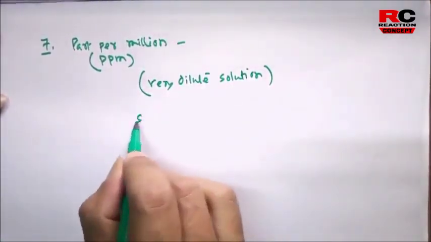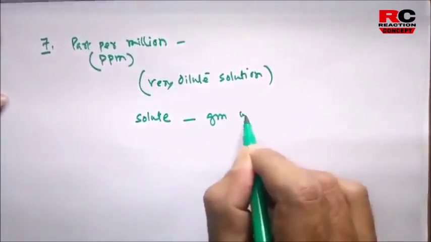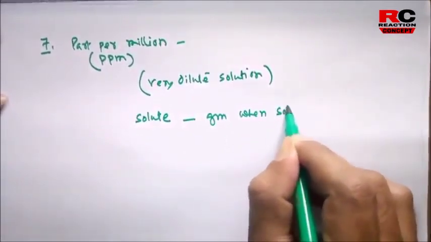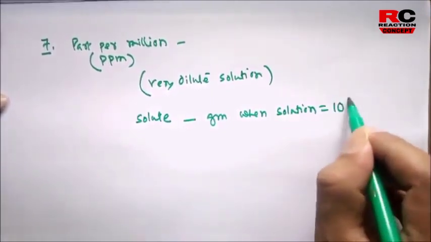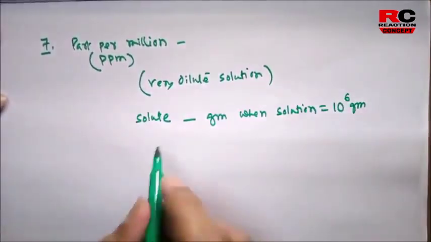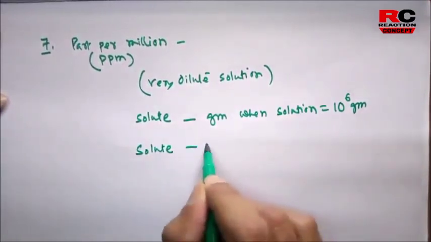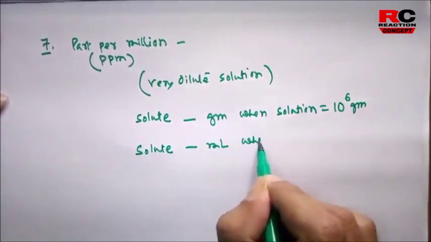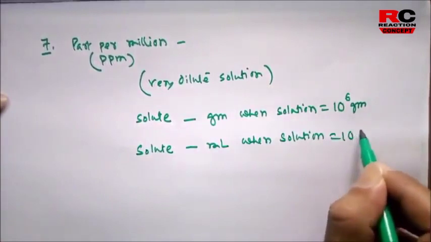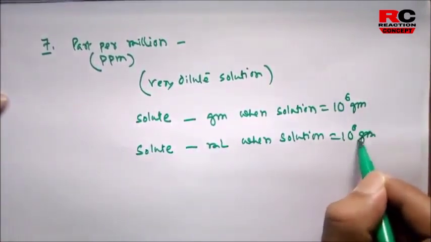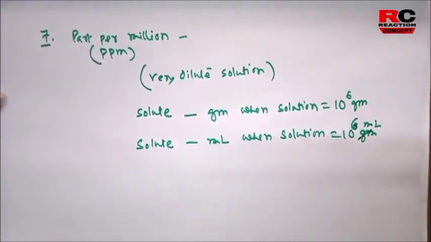It is the amount of solute in gram when the amount of solution is 10 to the power 6 gram, that is 1 million gram. It can also be expressed as the amount of solute in ml when the solution is 10 to the power 6 ml. So this is the parts per million.